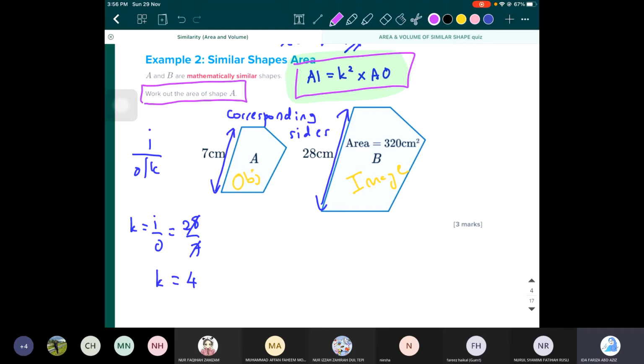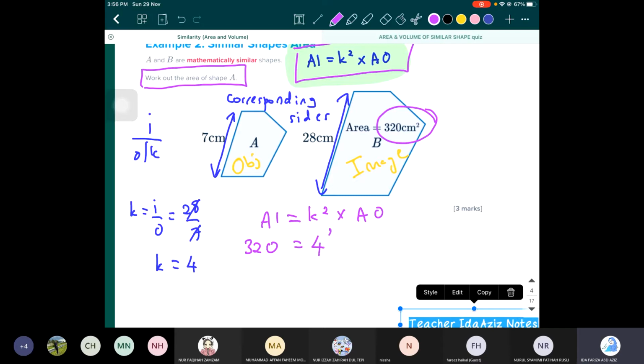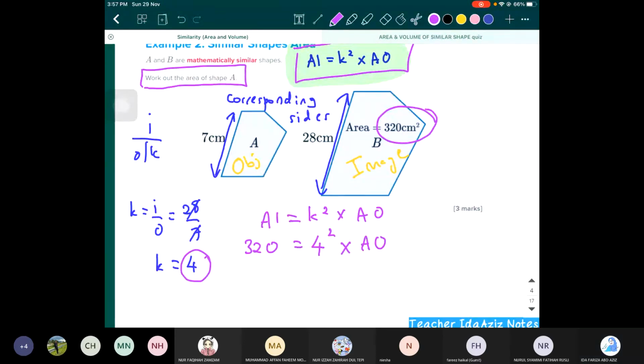So, input this, AI equal K square times AO. Replace the information that we know. AI is 320. I took from here. Okay, area of B. K square is 4 square. I took from here. Kita dah kira tadi. And AO benda tak tahu. So, tulis je AO dulu.